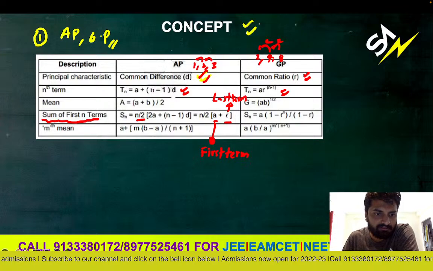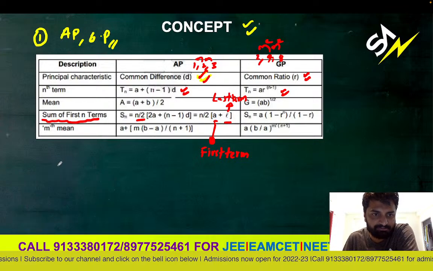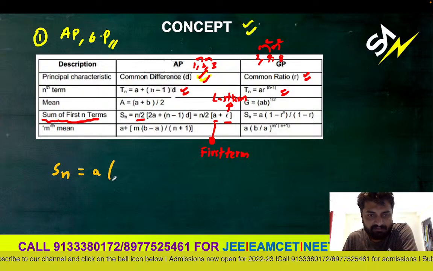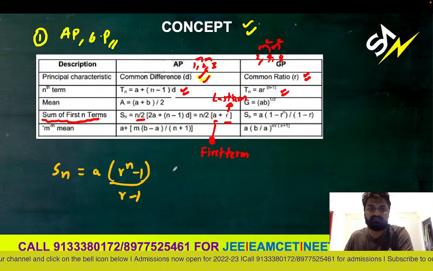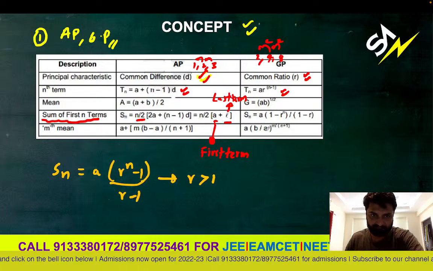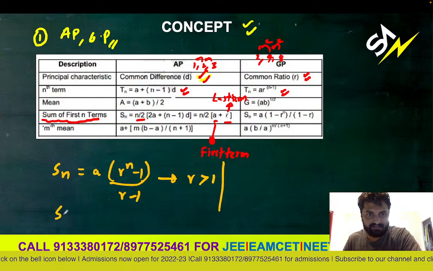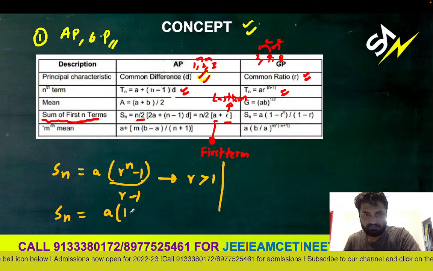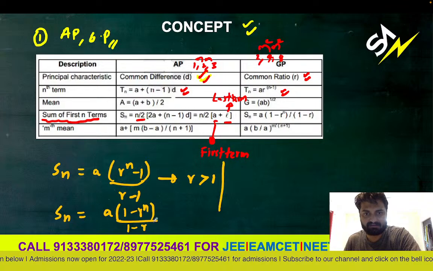But when we are talking about GP, the sum to n terms in a GP is A into (R power n minus 1) by (R minus 1). This is if R is greater than 1. In a case where R is less than 1, it is A into (1 minus R power n) by (1 minus R).